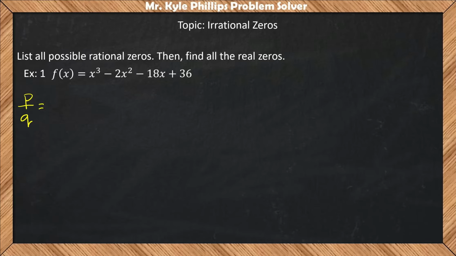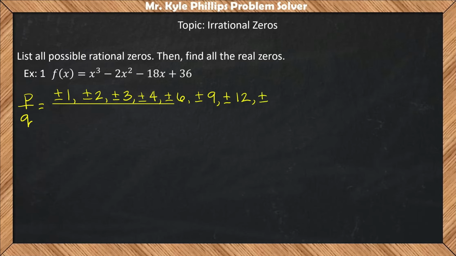That would be plus or minus 1, plus or minus 2, plus or minus 3, plus or minus 4, plus or minus 6, plus or minus 9, plus or minus 12, plus or minus 18, and plus or minus 36.